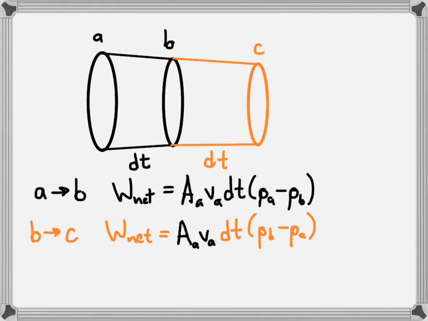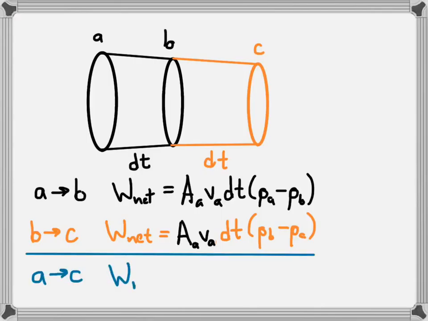Now, according to the continuity equation, let me back that up, I had this, I can actually replace AB VB with AA VA. The continuity equation allows me to do that. And so if I wanted to figure out the net work done going from A to C, I would have to add these two works together, okay?